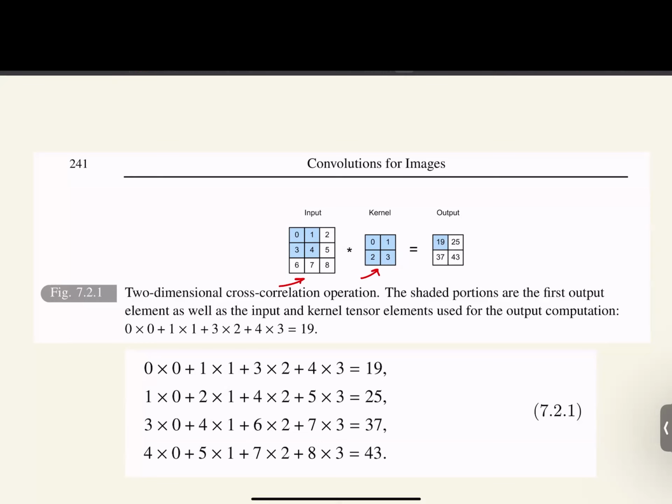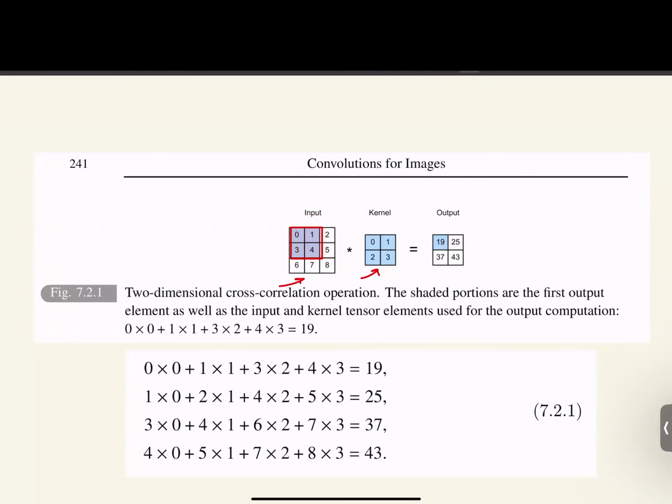Now we want to do the convolution, or cross-correlation, operation using this kernel. Here we have this 2x2 kernel, and we start from this part of the image. We do the element-wise cross-correlation operation, and this gives us the first output here, which will be 19. If we continue for the next part of the image, we get 25, and so on and so forth.